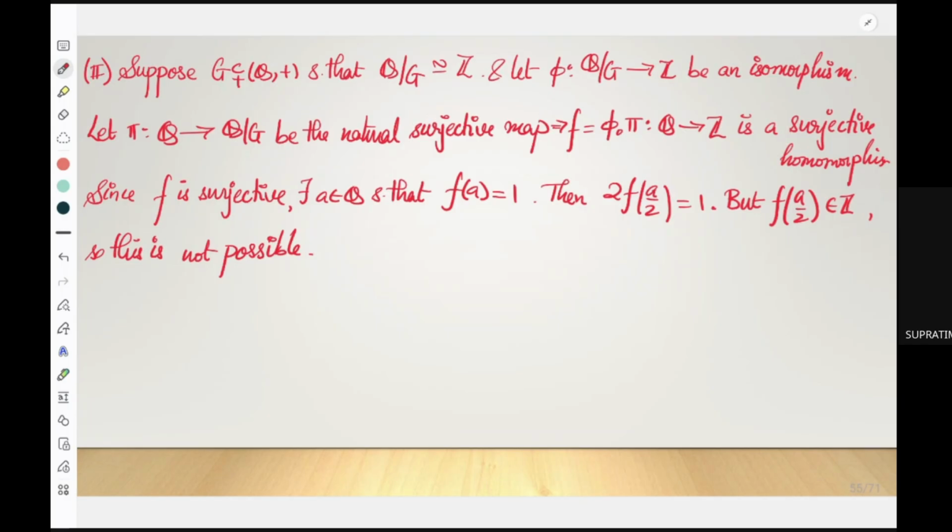Yes, Q and Z are well known, and much more comfortable to work with than Q mod G. At least if G was something specific, like Z, we could work with Q mod Z. But G is any proper subgroup of Q, so it's always difficult to work with such quotients. That's why I thought of going on this route where we can get it to Q and Z.